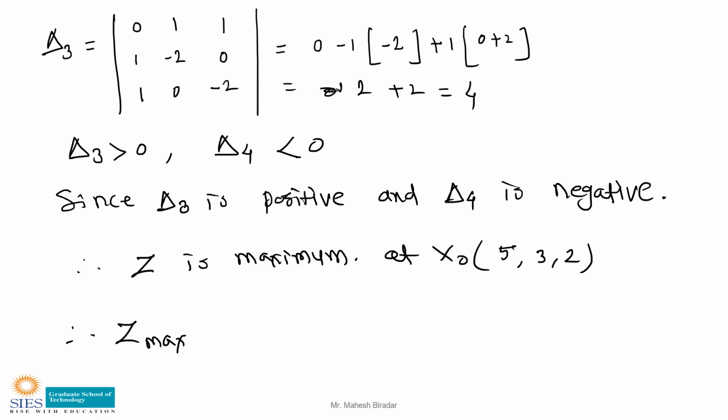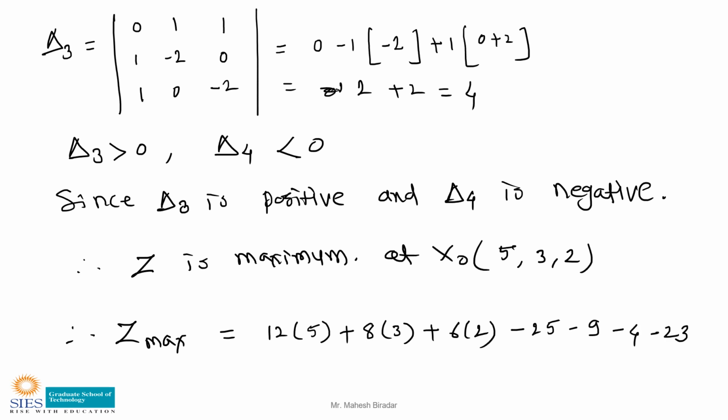In this way you can find z max. You can substitute these values in the given function, which is 12 into x1, which is 5, plus 8 into x2, which is 3, plus 6 into x3, which is 2, minus x1 square 25, x2 square is 9, minus x3 square is 4, minus 23.